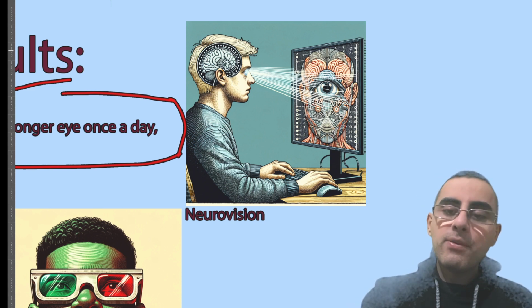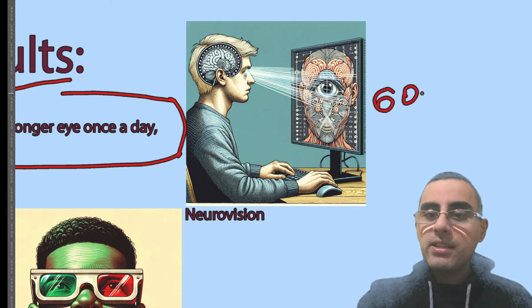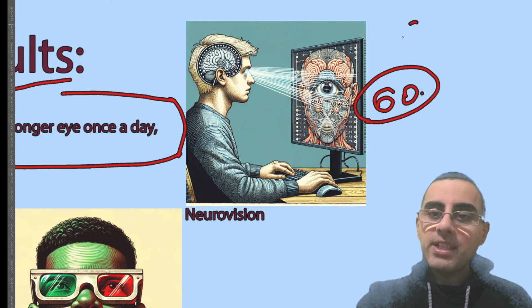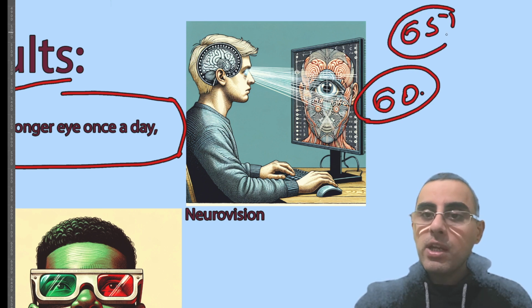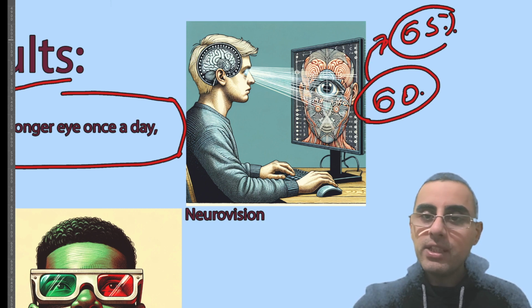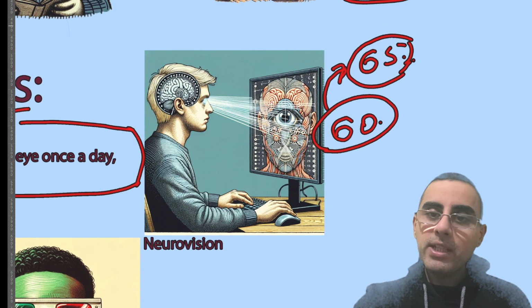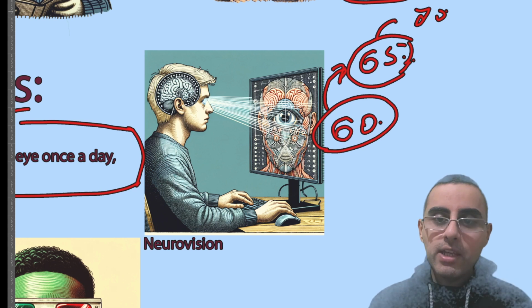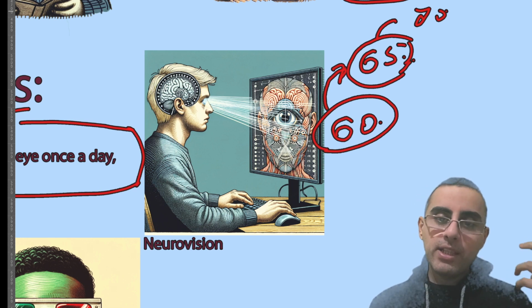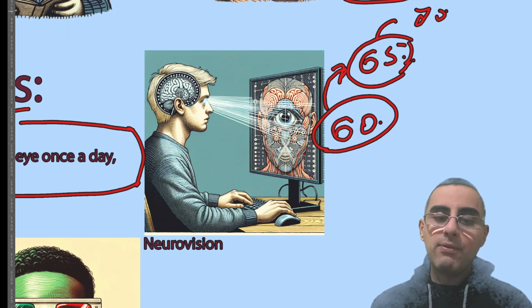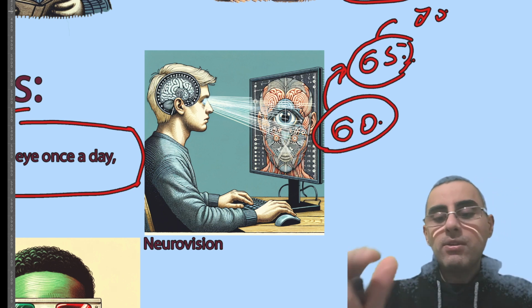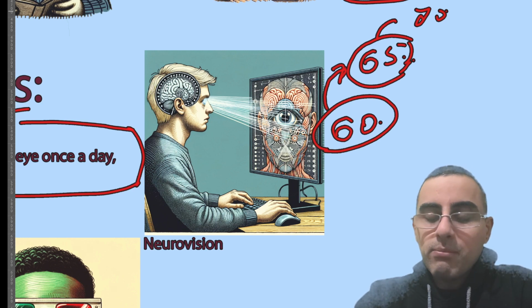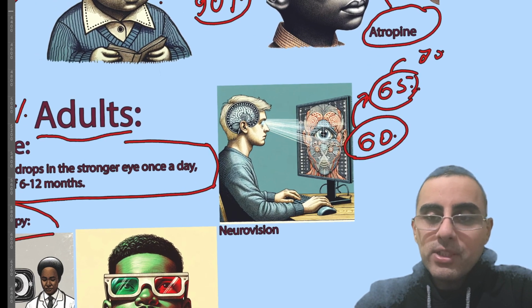For example, if your vision is 60%, these details are from 65%. So you start learning to differentiate details from 60 to 65. When you have already adapted to 65, you get 70, and so on. You get more details, you describe more details, and your brain and your eye are exercising, and visual acuity in your affected eye improves importantly. That's the idea of neurovision.